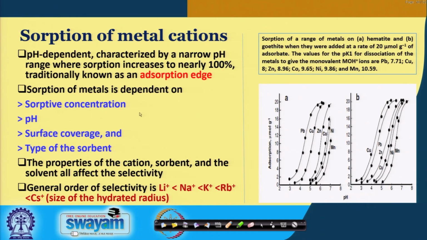So, another important aspect is sorption of metal ions, which is pH dependent. As you can see in this graph, sorption of metal ions is pH dependent and characterized by a narrow pH range where the sorption increases to nearly 100%.